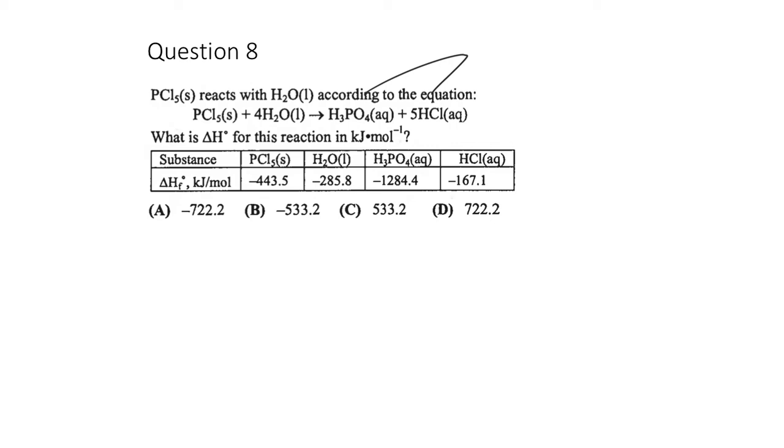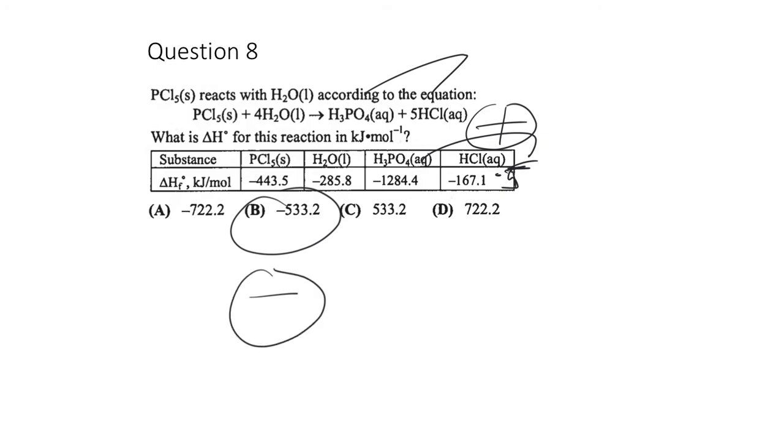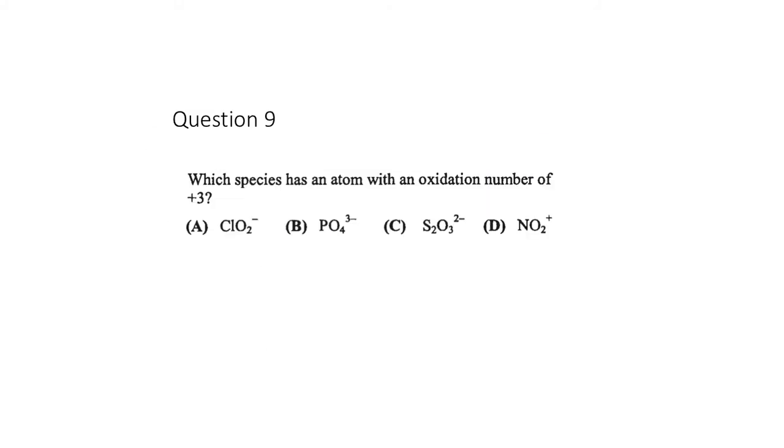So I get minus 533.2. We have to make sure that we take these two added together, this times 5 for the 5 moles, and then minus the sum of these two here. So the sum of the products minus the sum of the reactants.